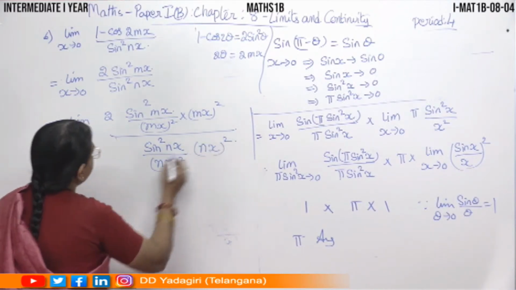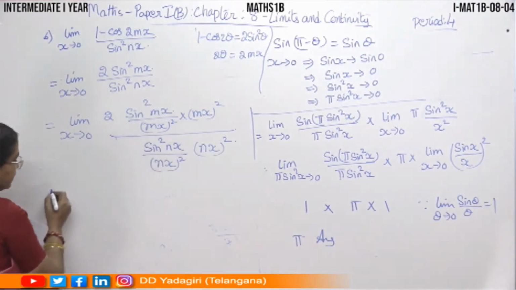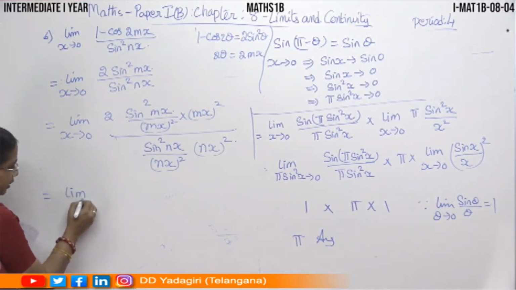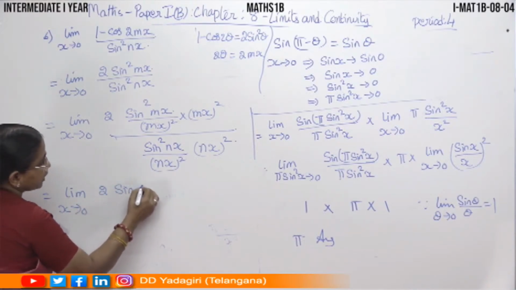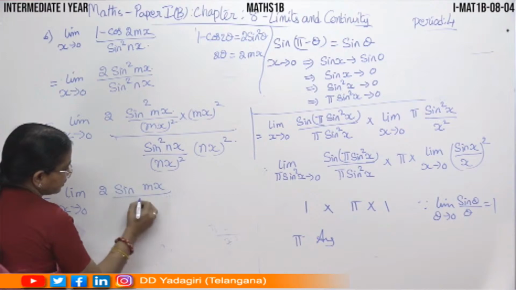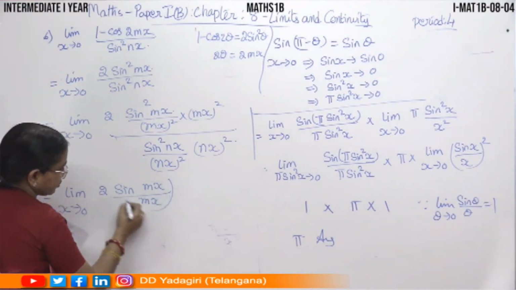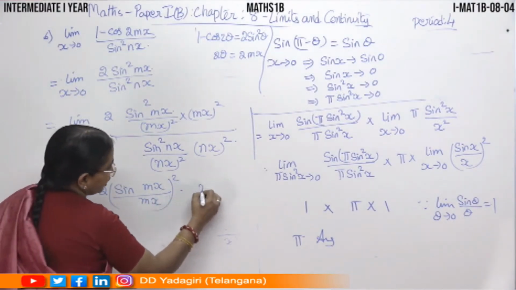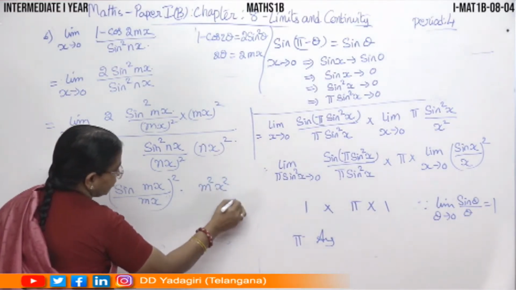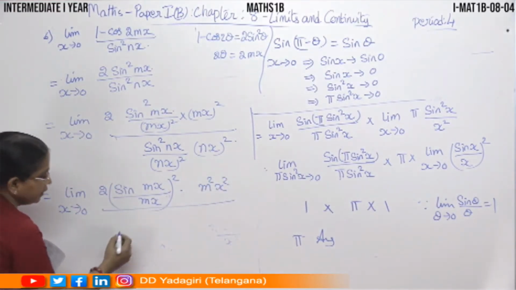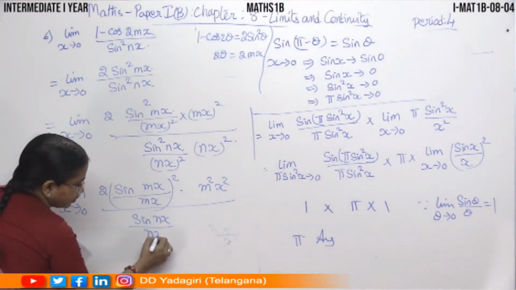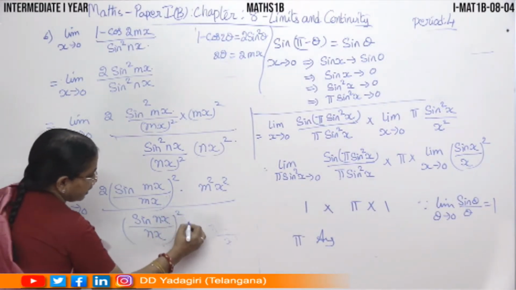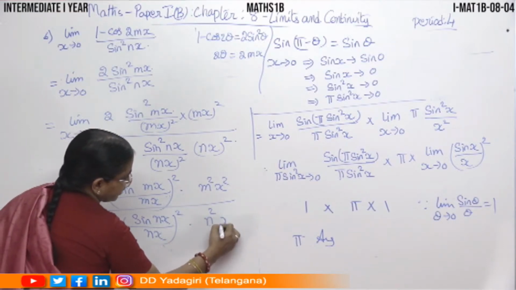Now this is equal to the limit x tending to 0 of 2 into sin mx by mx whole square, into m square x square, by sin nx by nx whole square into n square x square.